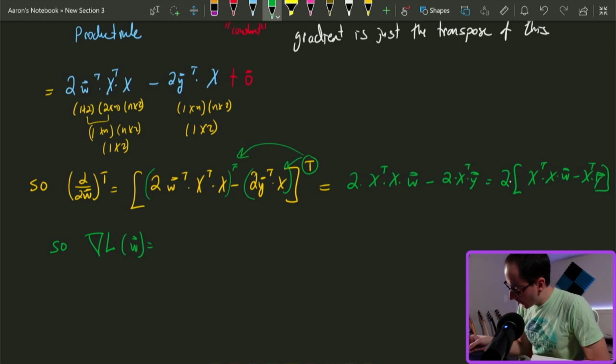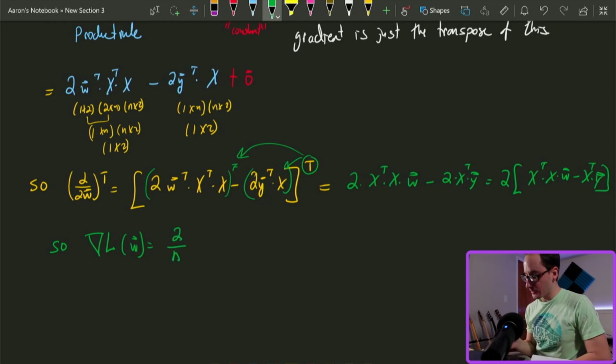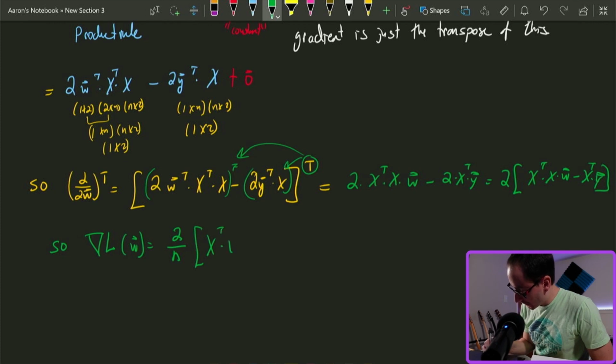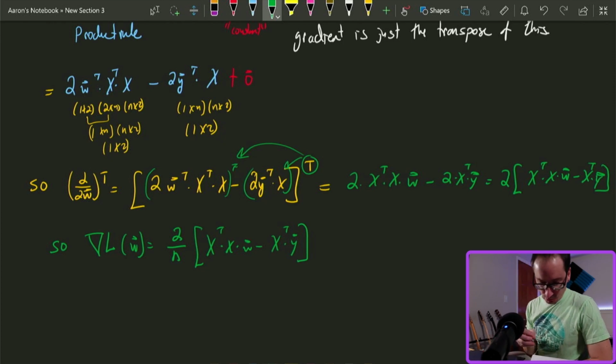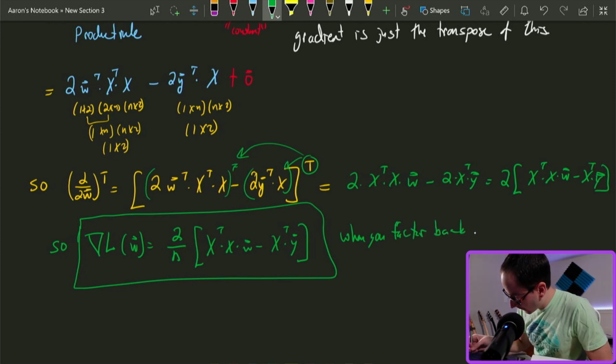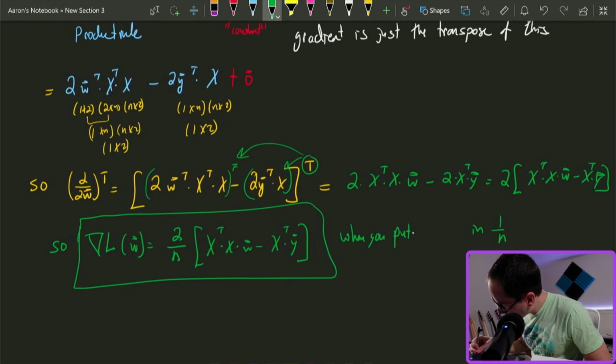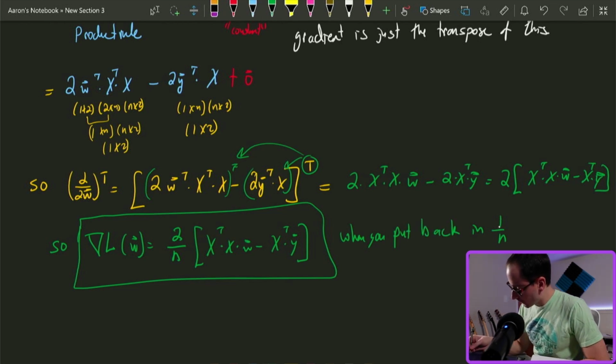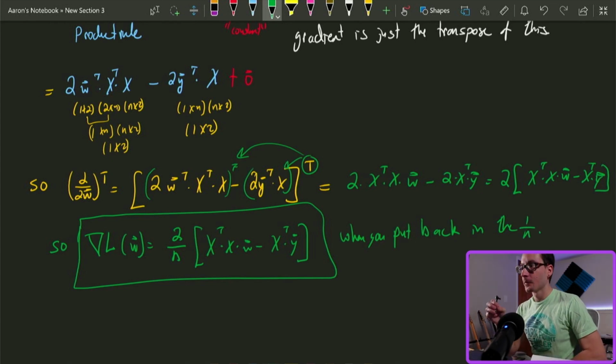So we have a 2 out in front here, so that's 2 times 1 over n, or 2 over n, and then times X transpose dot X dot W minus X transpose dot Y. And that right there, my friends, is the gradient of L when you factor back in the 1 over n piece. Awesome. That is pretty sweet.